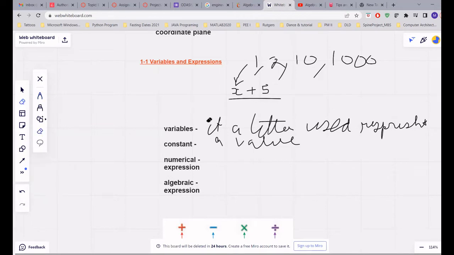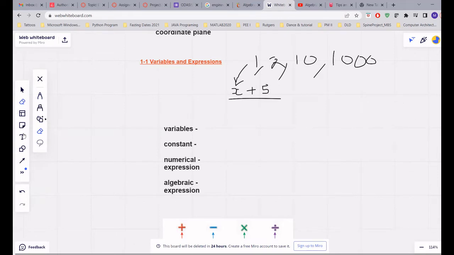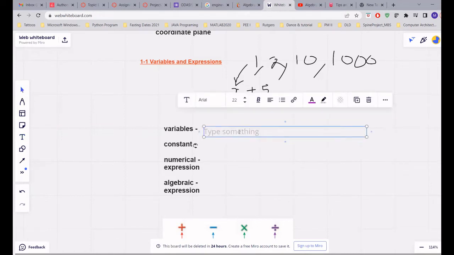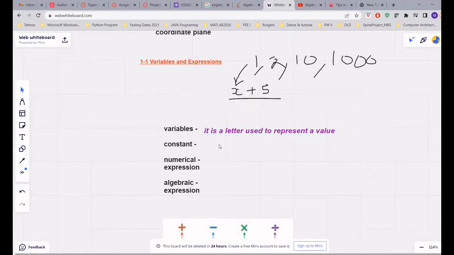Let me type it so you can better read it. It is a letter used to represent a value.